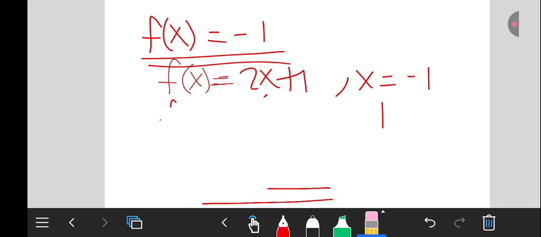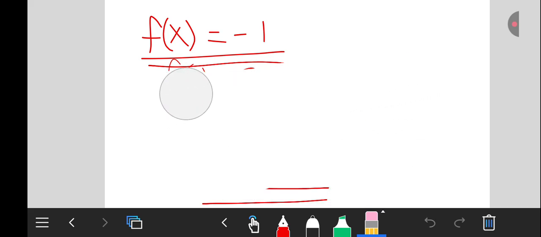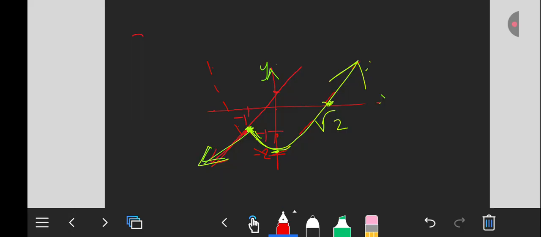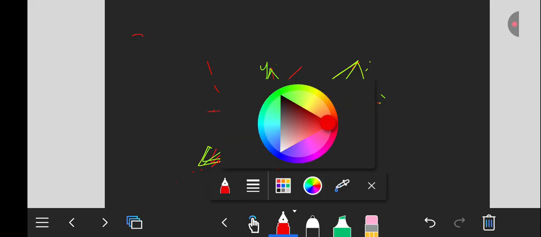Then the next thing, we're going to find the limit from the left and from the right side of the graph. So let's find the limit as x is approaching negative 1. Let's start from the negative of this graph. So we'll follow this graph from the negative.